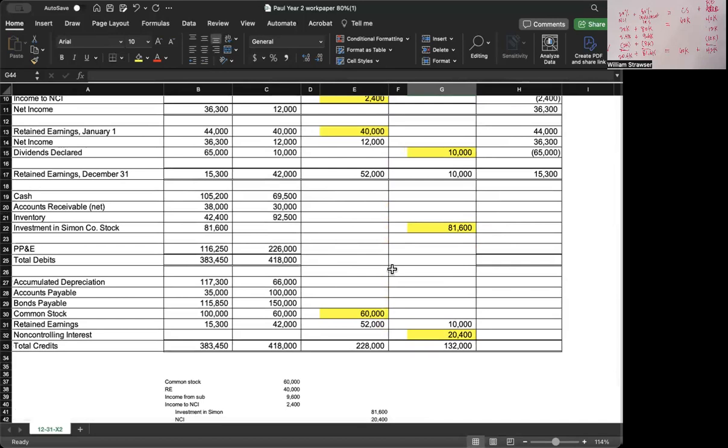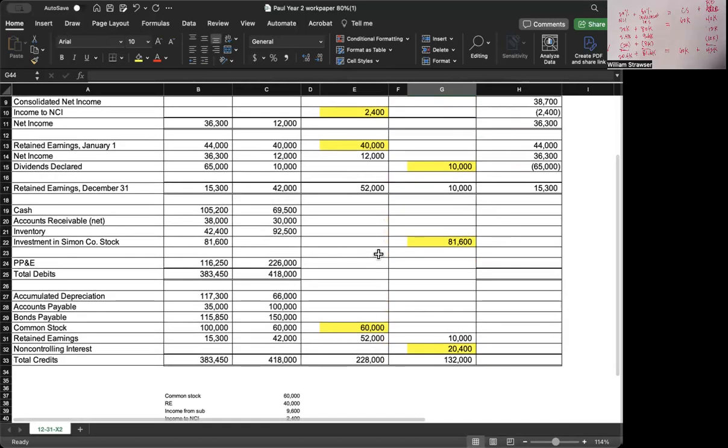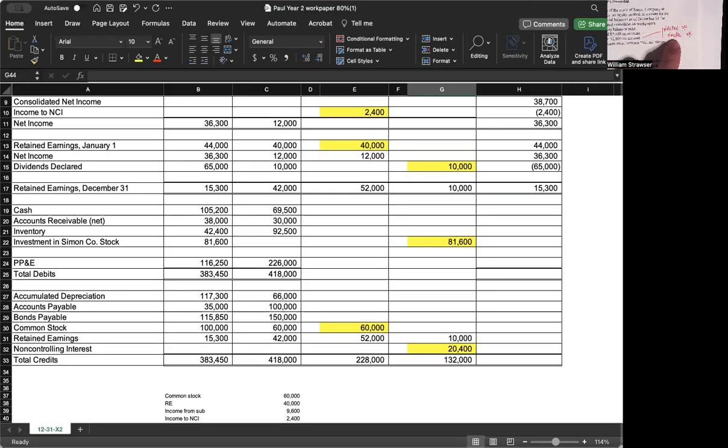Now, there are some other things we need to adjust. One thing we need to adjust is what I talked about at the very beginning. Going back to this paper, remember the note payable and the note receivable. Paul owes Simon $2,000 on account. Well, if Paul owes Simon, one company owes and the other company is due, but the consolidated company can't owe itself money.